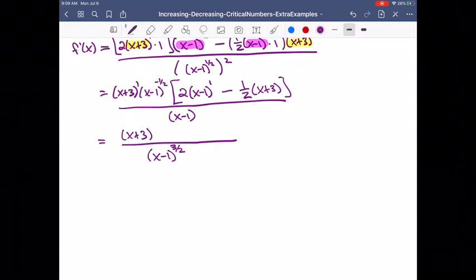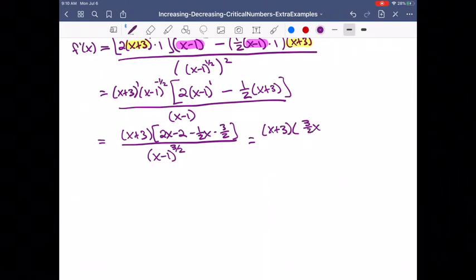Now in this bracket, I'm going to simplify. So it's going to be 2x minus 2 minus 1/2 x minus 3/2.